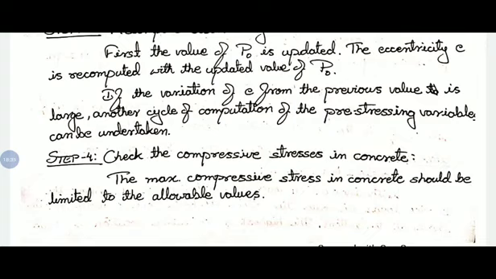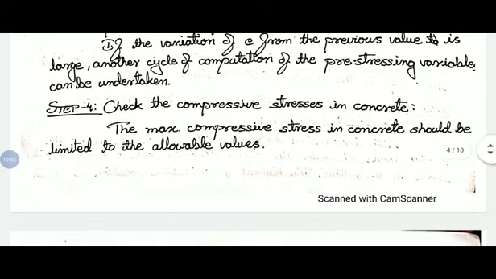If you assume 25 mm or 30 mm as the cover, the maximum eccentricity allowable is 120 mm. For a 300 mm section, the centroid will be at the 150 mm level. Below 150 mm, if you assume 30 mm as effective cover, 120 mm should be the eccentricity. If it does not satisfy that condition, again we need to redesign for pre-stressing force, area of steel and eccentricity.